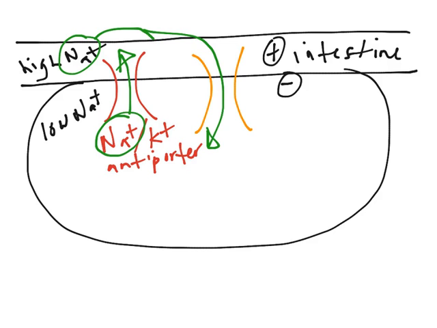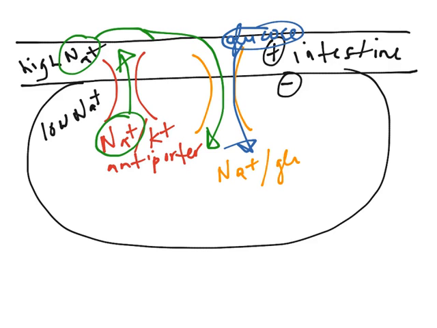And we said this is a symport mechanism. So at the same time, we've got glucose from the food that you just ate. I guess I just ate, since this is my intestine. It's coming in at the same time. So this part then, this is the sodium glucose symport.